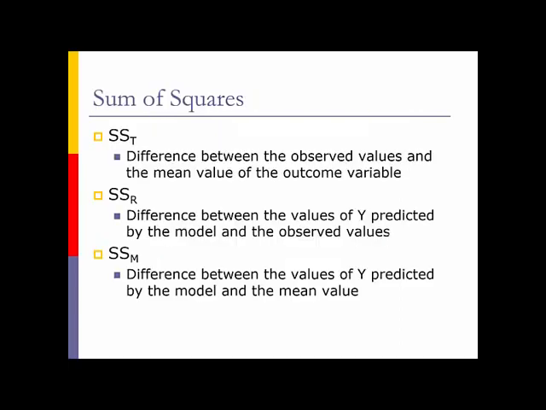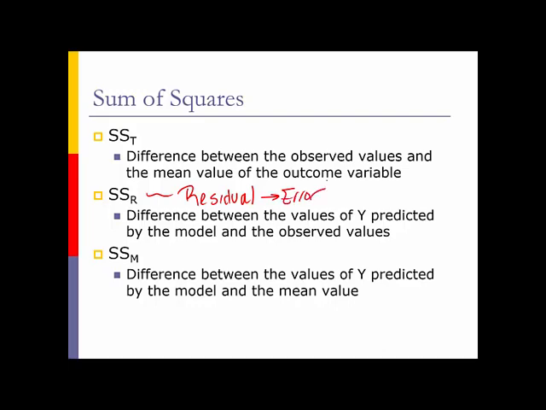So when we look at the three different types of the sum of squares, the total sum of squares is just the difference between the observed values that we have and the outcome value. SSR is the difference between the predicted and the observed values. So when you think of SSR, R stands for residual again, and a residual means the error.